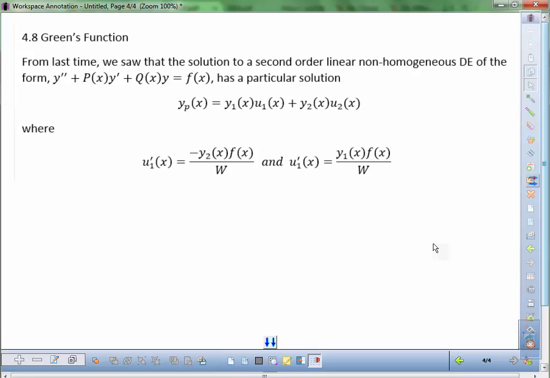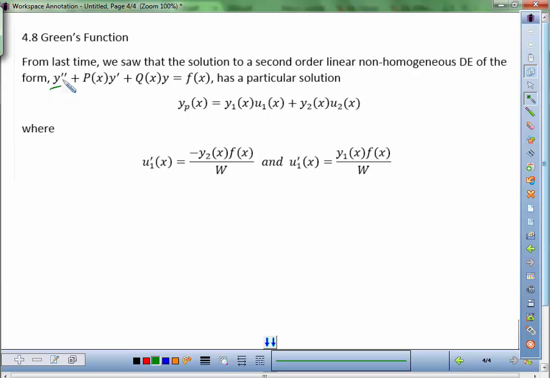So what we're going to focus on at this point is just a second order differential equation, linear, and the non-homogeneous component. And then we're also going to take a look at the initial value problem. But this is our general setup, and this is more or less a recap of what we were just talking about.